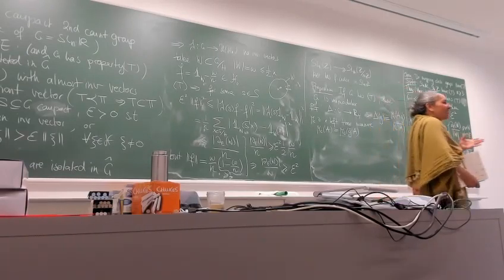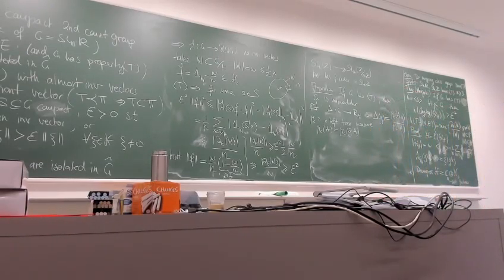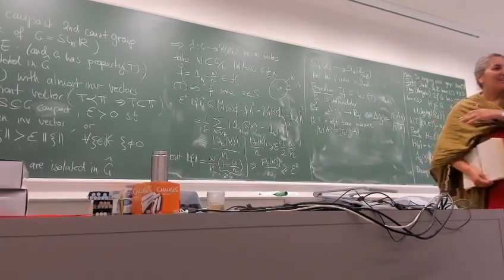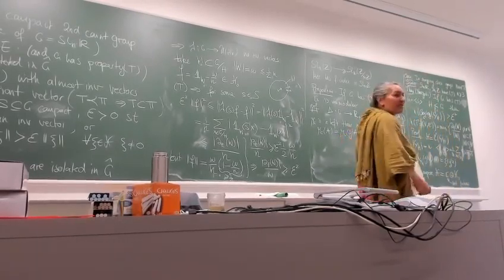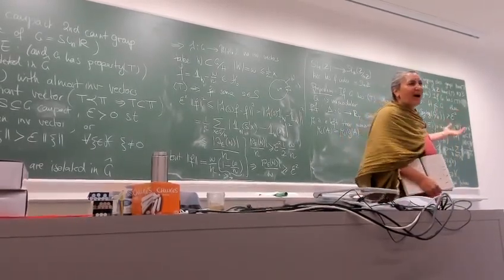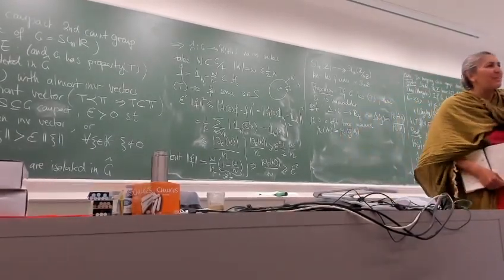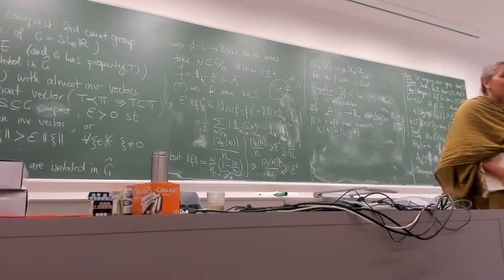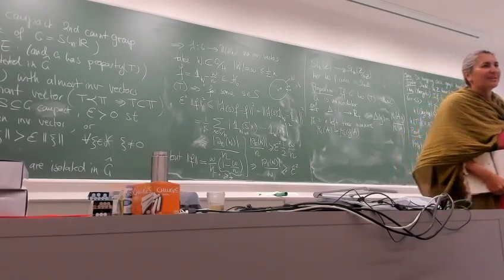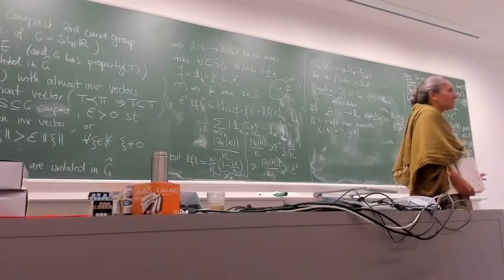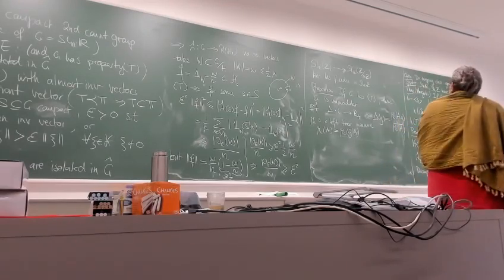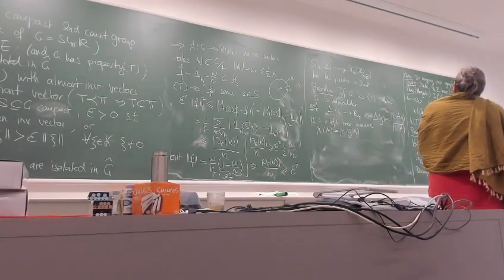If in your head all you have is a discrete group, then this is kind of mysteriously useless. Because in the case of a discrete group, the Haar measure is you count how many elements you have in your set. And if you move it on the right or on the left, you still have the same number of elements. Moving by an element of G is a bijection, so it's not going to change how many elements you have.